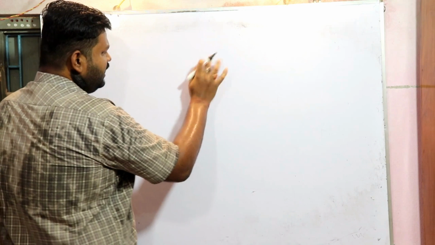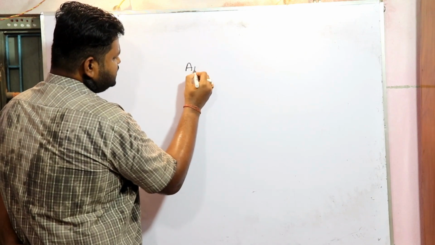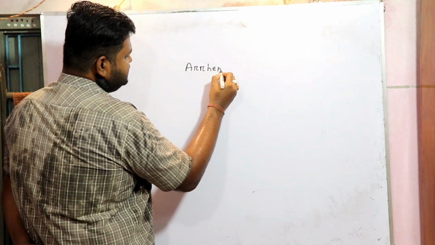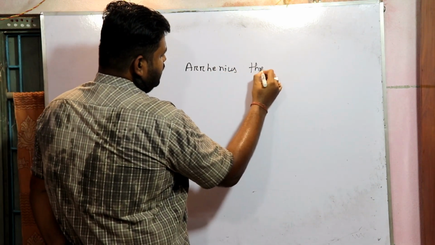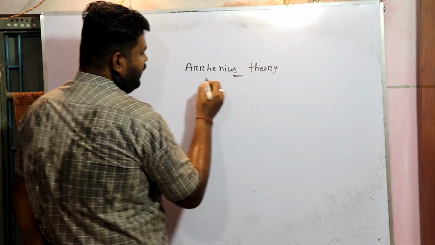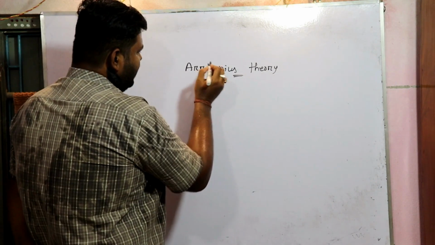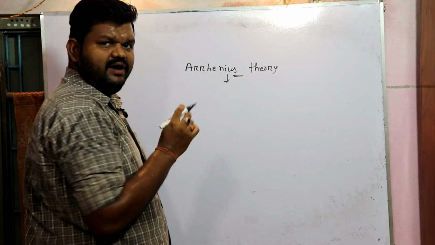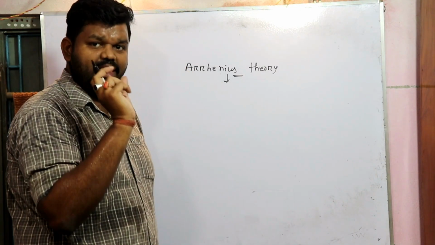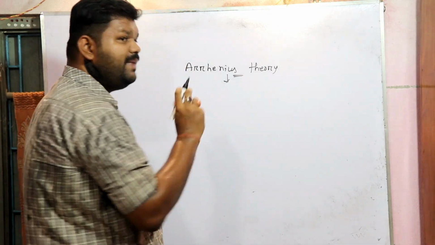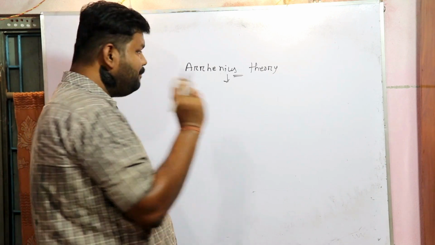So at first we are taking into consideration the Arrhenius theory. Arrhenius is a very well-known scientist, and he gave us the first theory of what is meant by an acid and what is meant by a base.